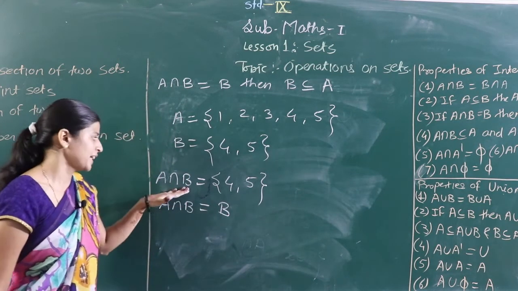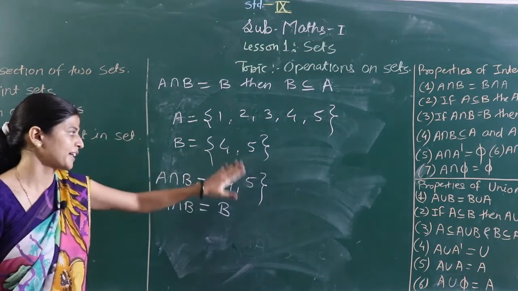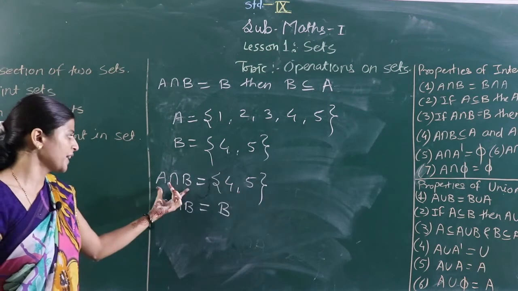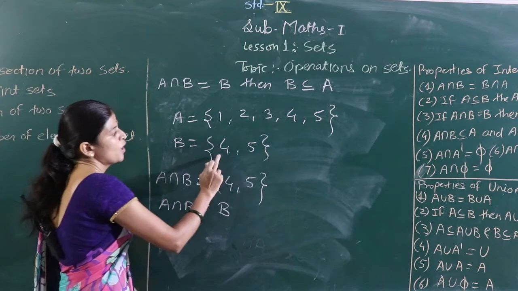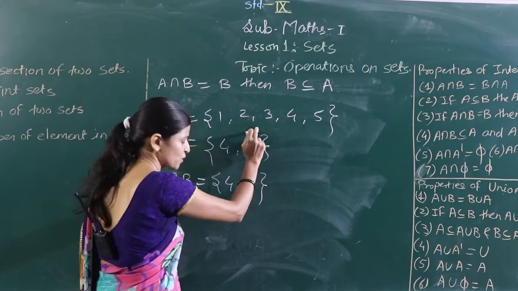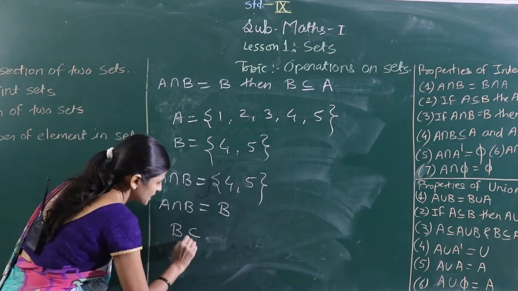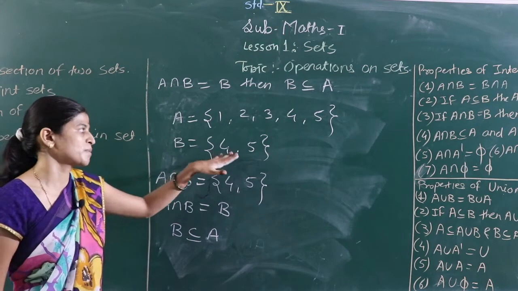Yes, we find here A intersection B is nothing but the set B. From these two equations, the right hand side is the same. So A intersection B is nothing but B, and from the subset definition, all the elements of set B are contained in set A also. That's why we write here B is a subset of A. What is the definition of subset?